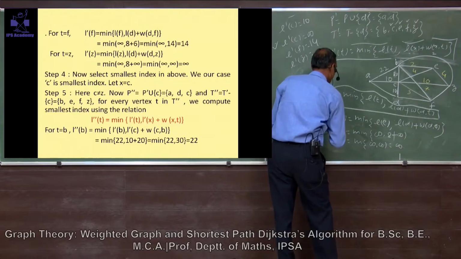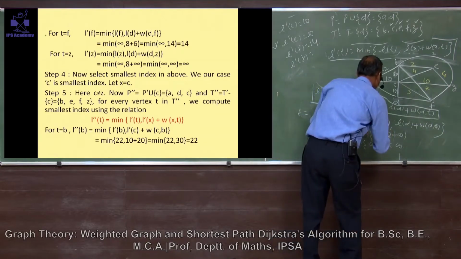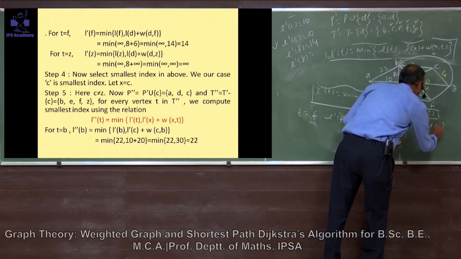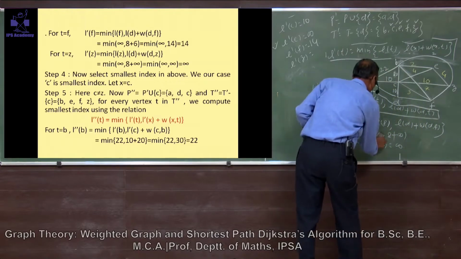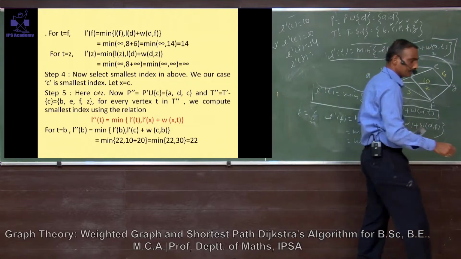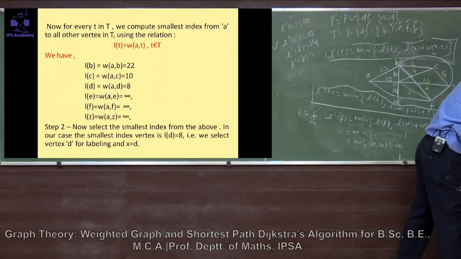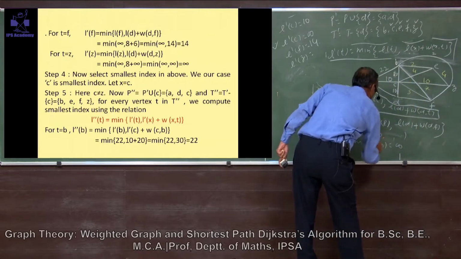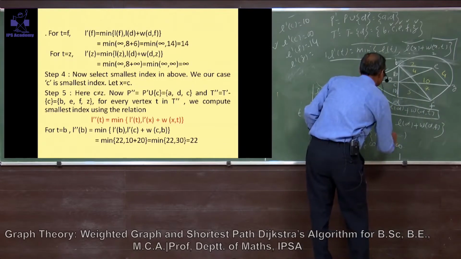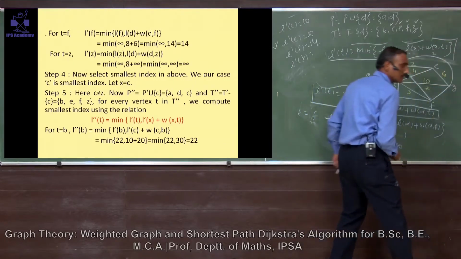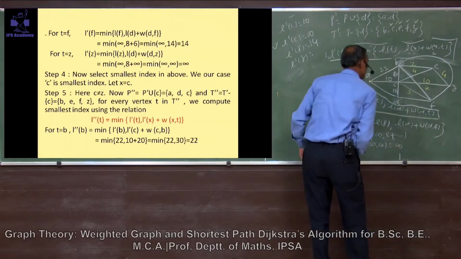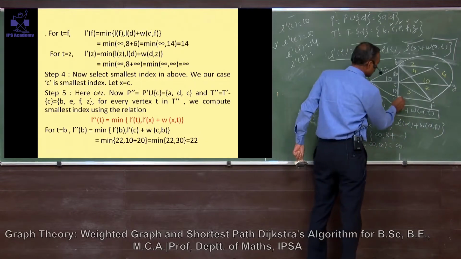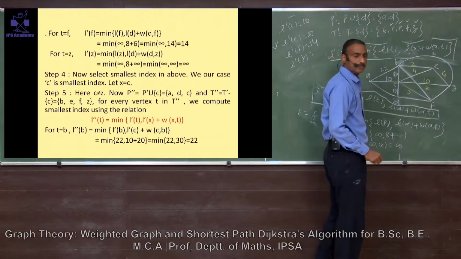So L dash F equals the minimum of L of F, plus L of D which is fixed, plus W of D, comma F. From the previous slide, L of F is infinity, and L of D is 8, plus the weight of D, comma F. D and F are directly connected, and the length of D, comma F is given here.